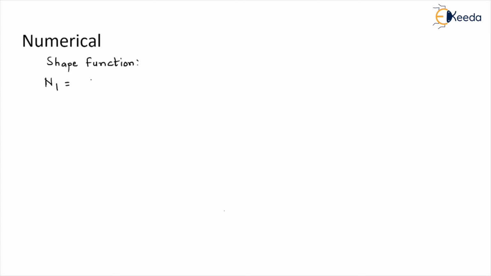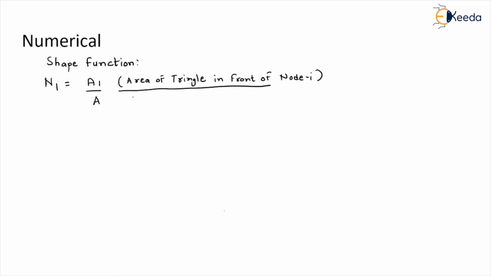For the first shape function, N1 is equal to A1 divided by A. So A1 is the area of the triangle in front of node I, and A is the total area of the triangular element.